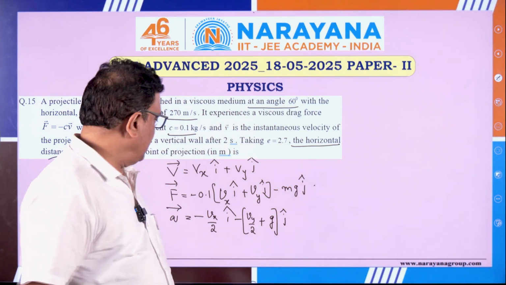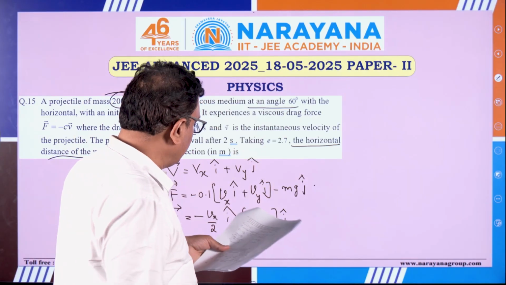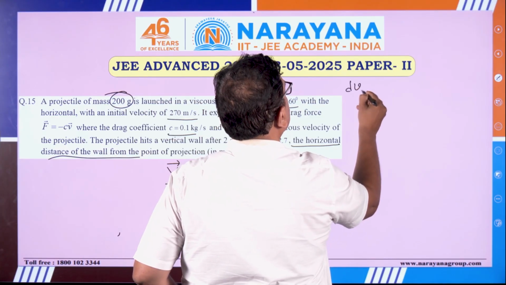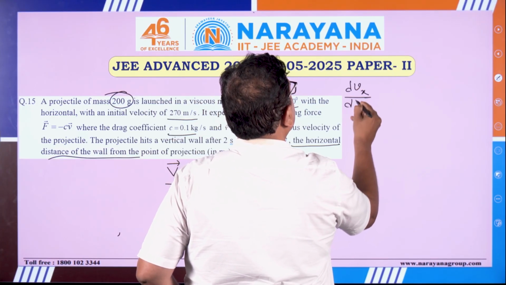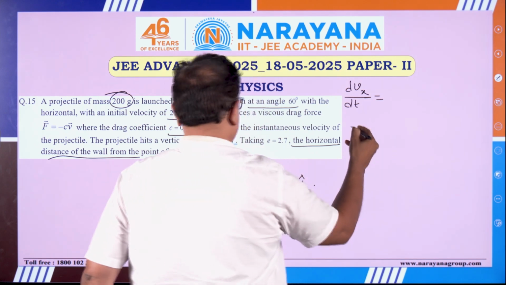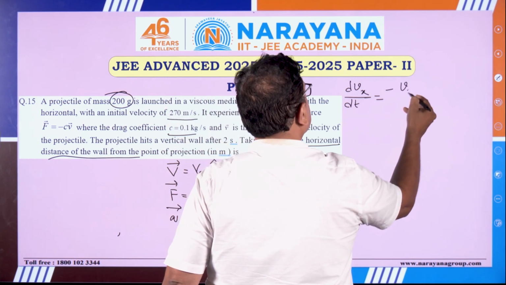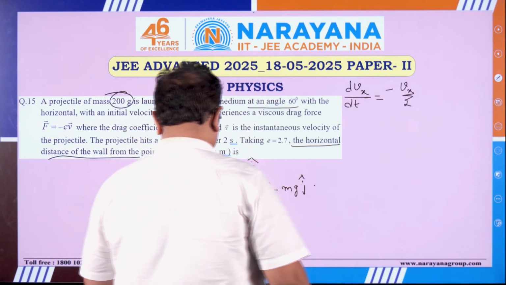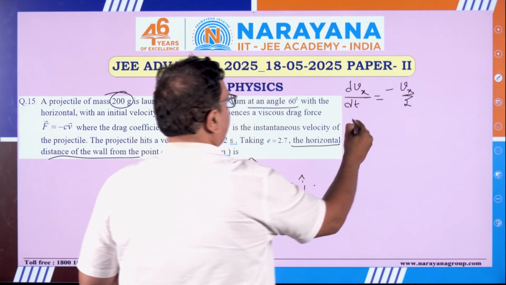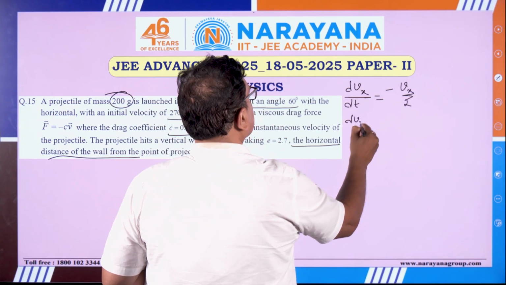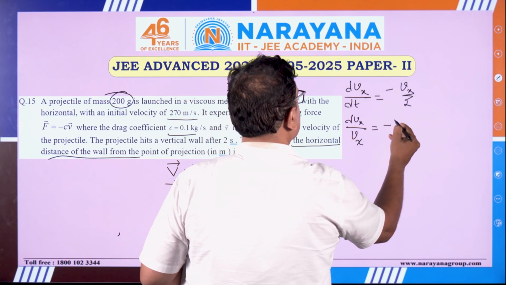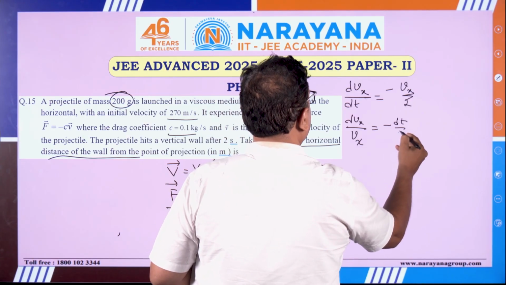So if you allow me this a bar term, you can write dVx by dt is minus Vx by 2. No issues. From this I can write dVx by Vx is minus dt by 2.